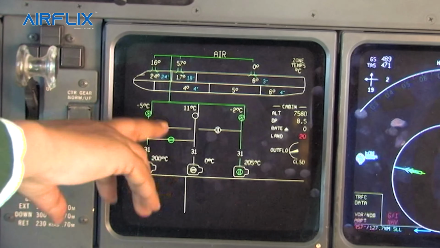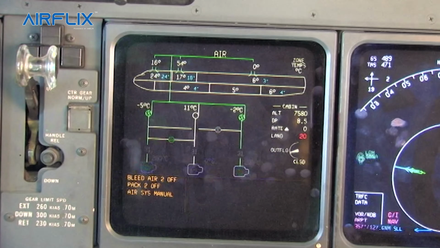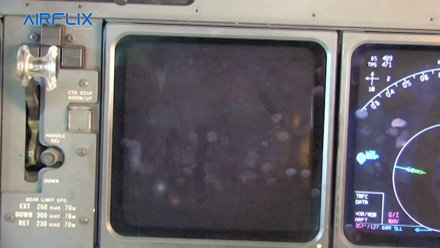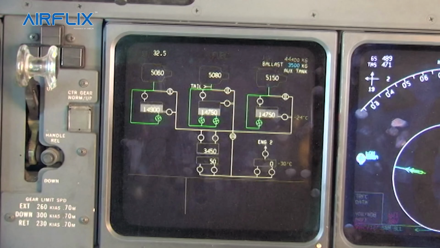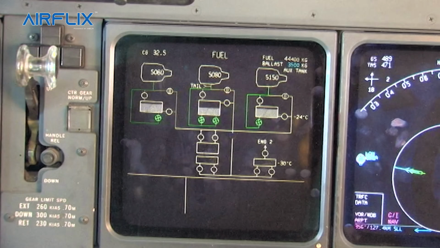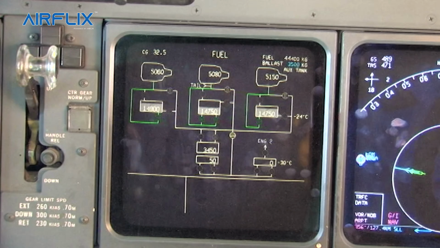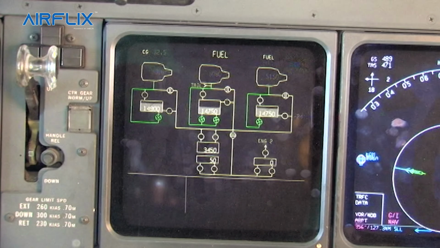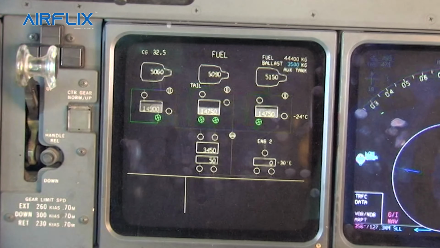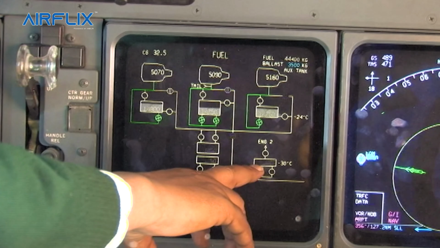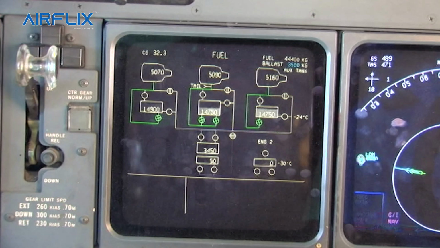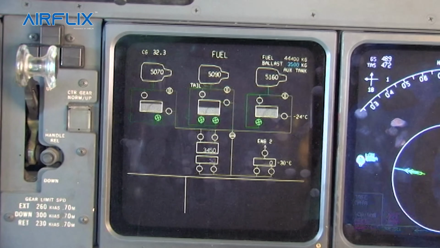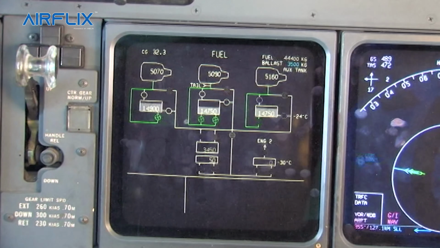So it tells us which one is off, and also in the picture we can see that it's off. We have the fuel system. You can see the tanks, the pumps running, the engines and so on. Over here you can see this is the trim tank. Actually now we don't have fuel in it. The trim tank is also used to ballast fuel.